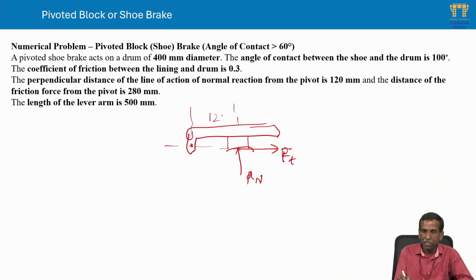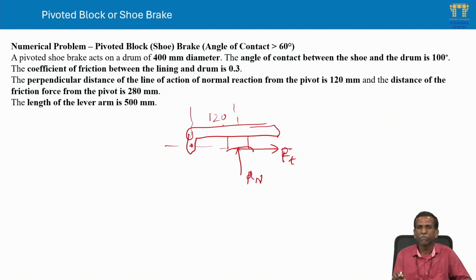The distance of the friction force from the pivot is 280 mm, and the perpendicular distance of the line of action of the normal reaction from the pivot is 120 mm.